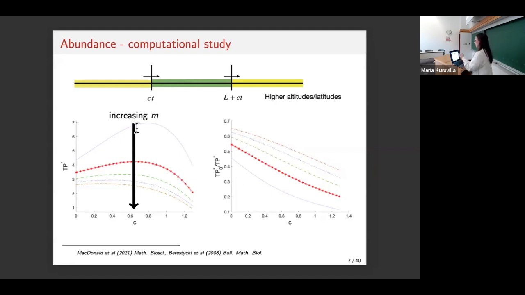You'll also note that by going down these lines, I'm increasing mortality. And so this increased abundance vanishes if I take mortality too high outside the suitable habitat. So when we couple this reduced competitive pressure with low mortality rates outside, we have this increased abundance.